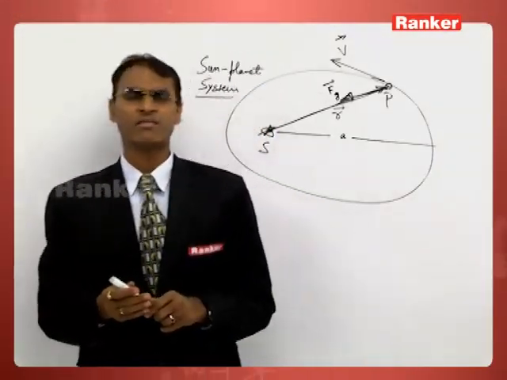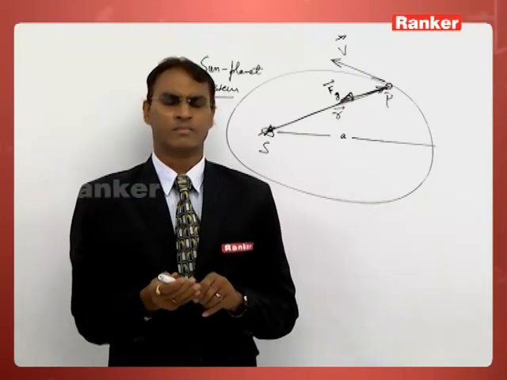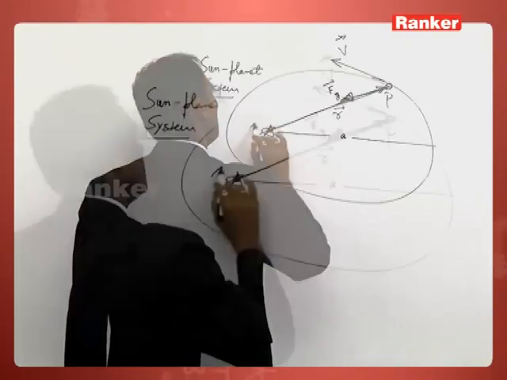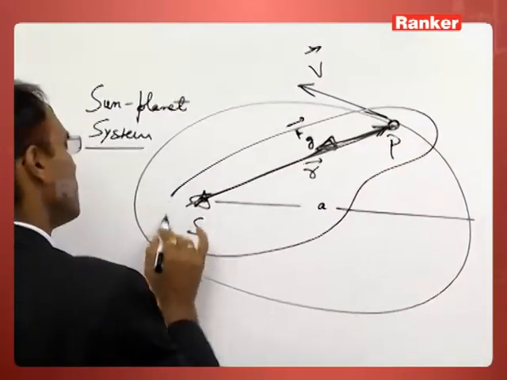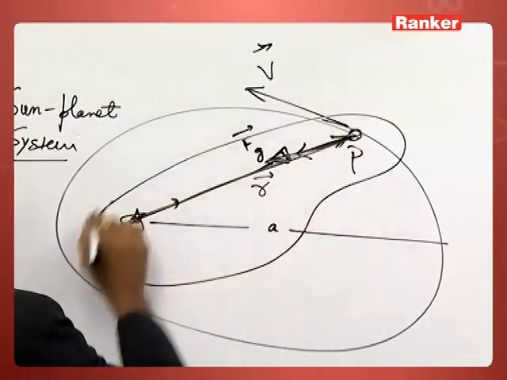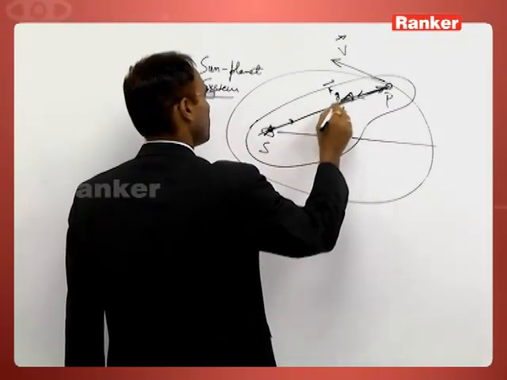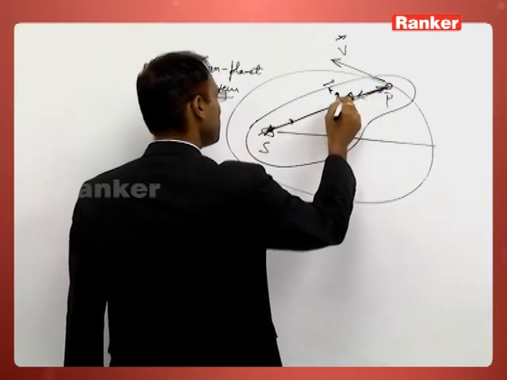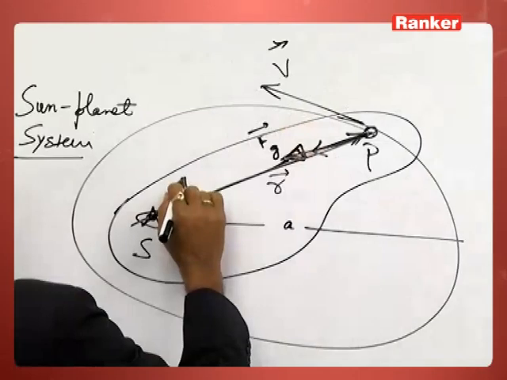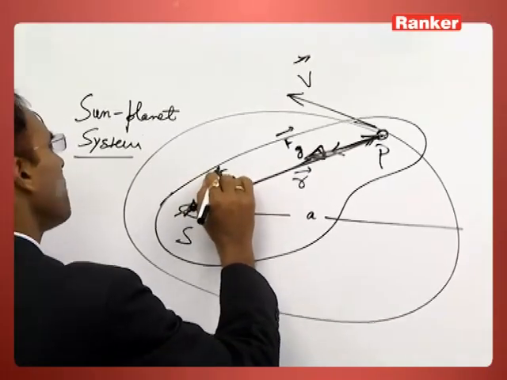You can conserve the linear momentum of the entire planet plus sun, because the net force acting on the system is 0, because the sun is pulling the planet with a force F_g and the sun is also being pulled by the planet with a force of the same magnitude in the opposite direction.